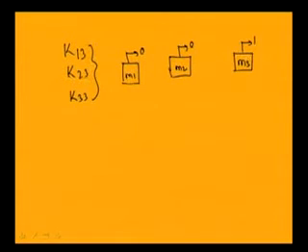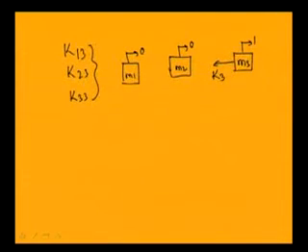When mass m3 has unit displacement, spring K3 will be pulled by unity. So, it will exert a force in the opposite direction, that is K3 in this direction. Similarly, the spring K4 will be compressed by unity and it will also exert a force in the opposite direction. So, that is K4. So, the force required to have unit displacement at 3 will be equal to K3 plus K4.